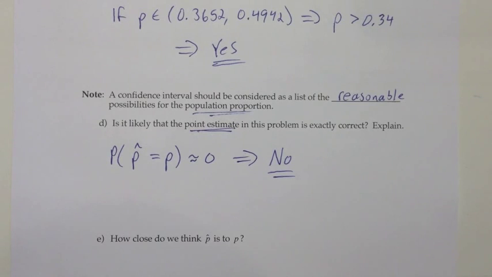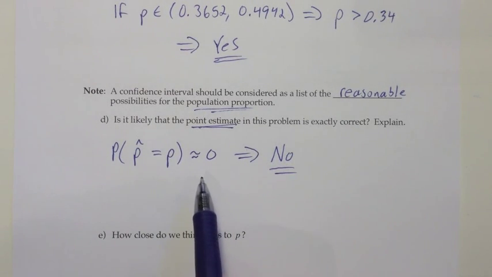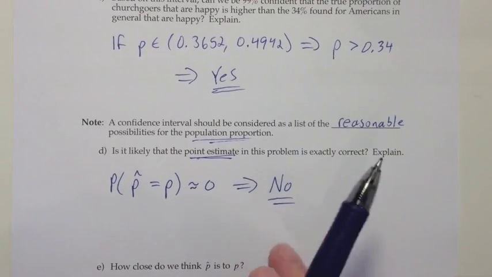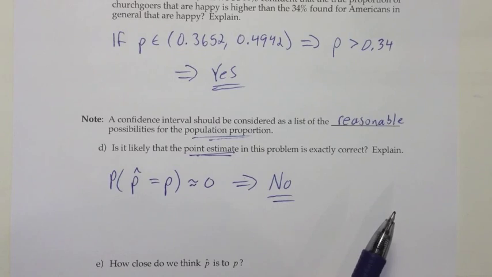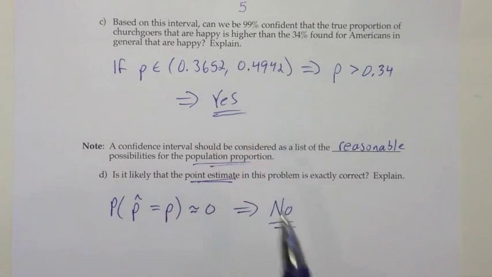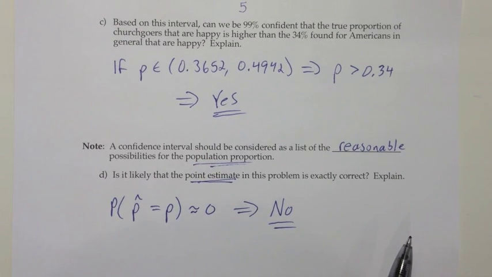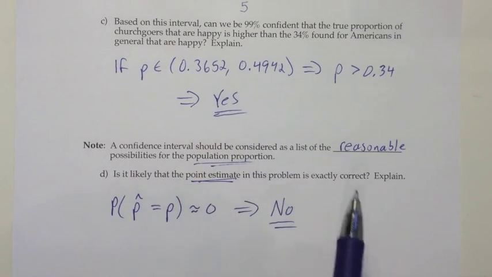So the interesting thing about that is we're doing these confidence intervals, but we have to keep in mind that when you think about just the point estimate by itself, there's basically no chance you have the right answer. When we go to the interval, then we think that we do have the right answer. So how are we going from no chance of having the right answer to being 99% confident that we have the right answer? And the explanation for that is when we do it this way, we've given ourselves some room for error.